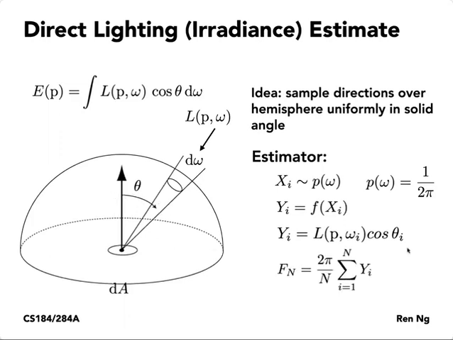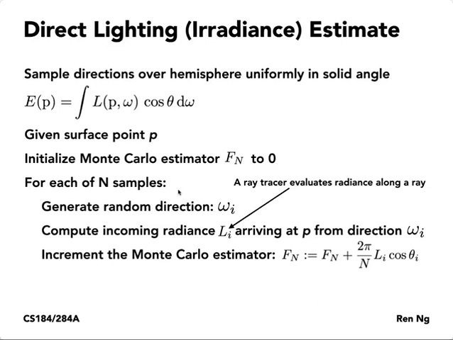Okay, so now we have the Monte Carlo estimator, capital F sub n, equal to 2 pi, exactly from the formula that we looked at earlier for the basic Monte Carlo estimator, times the average value of y sub I with N random samplings over the hemisphere. That's the math that draws that lighting integral case exactly to the math that we looked at earlier.